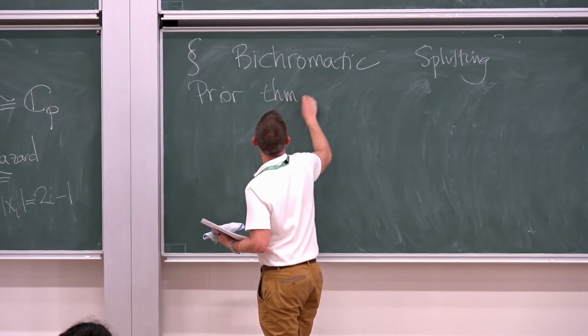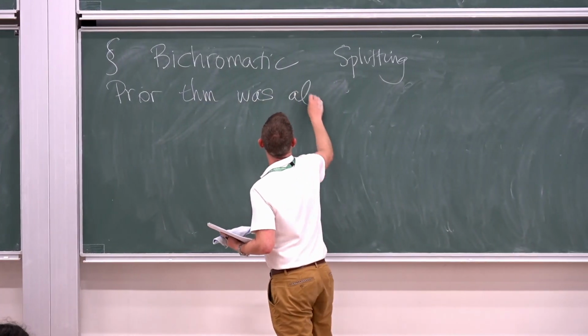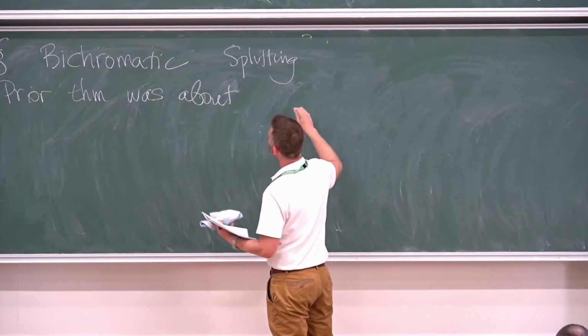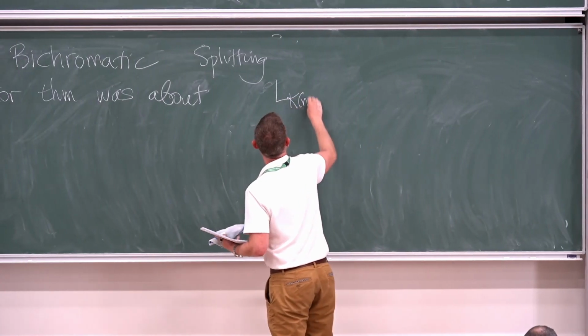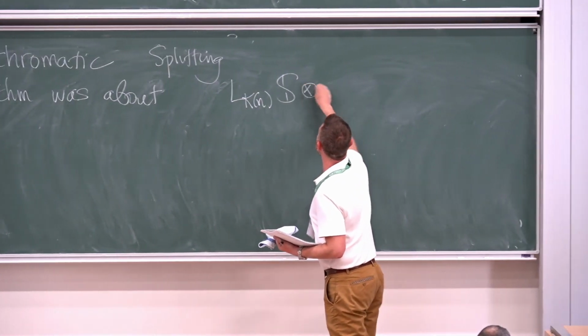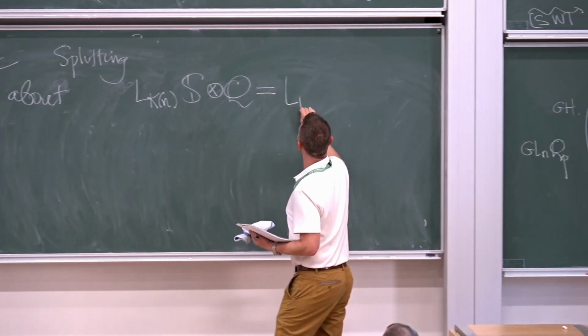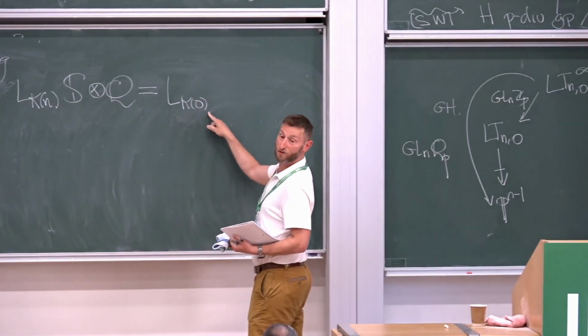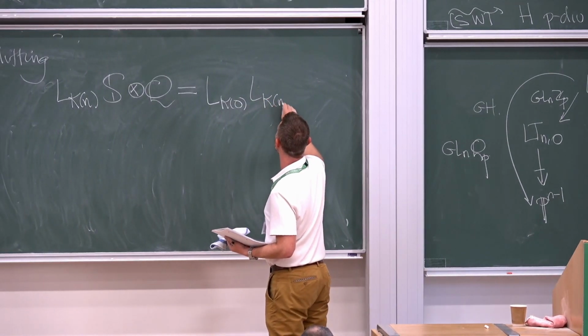Okay. So the prior theorem was about the K(n)-localized sphere, but then rationalized. But another way of writing that is just the K(0) localization of the K(n)-localized sphere.